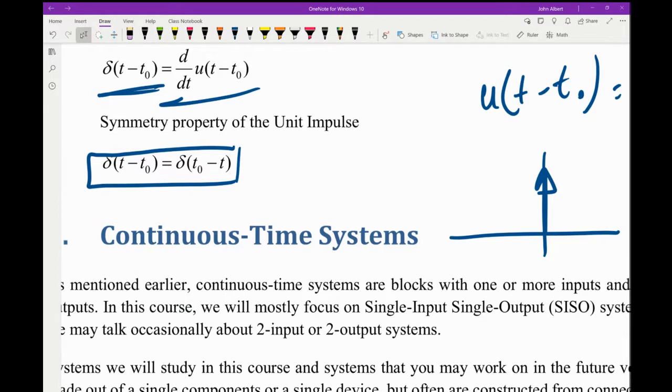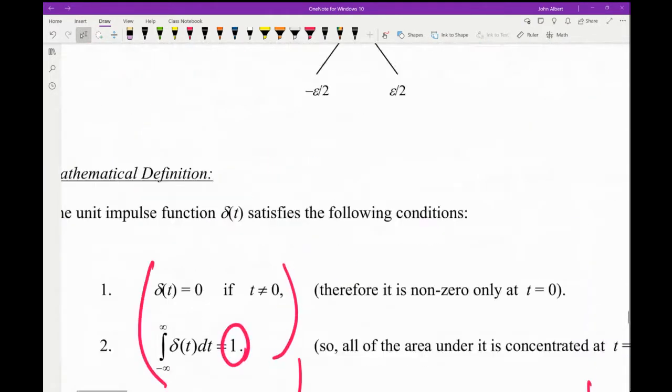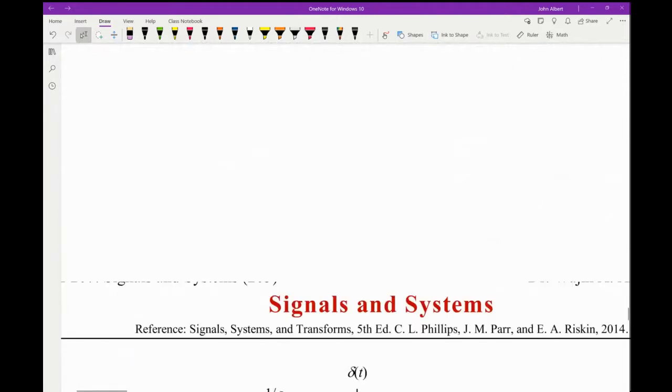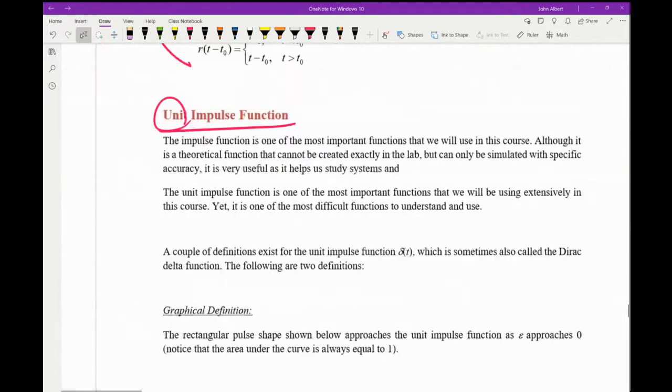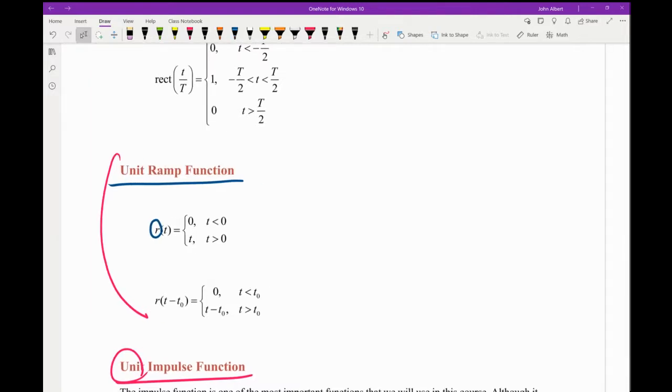Now, I'll talk about the last function, which is called the unit ramp. The unit ramp function is not that difficult to understand. It's usually defined as r of t, and it's similar to the unit step function.